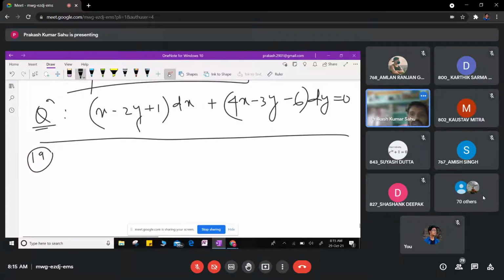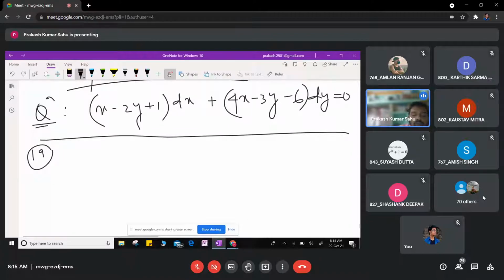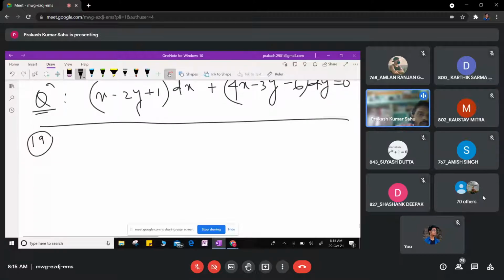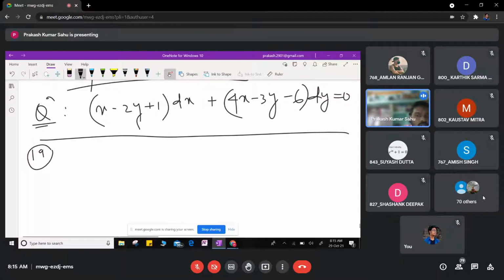Okay, so let us say, about this problem: (x minus 2y plus 1) dx plus (4x minus 3y minus 6) dy is equal to 0. Now you can say this is a non-homogeneous differential equation.